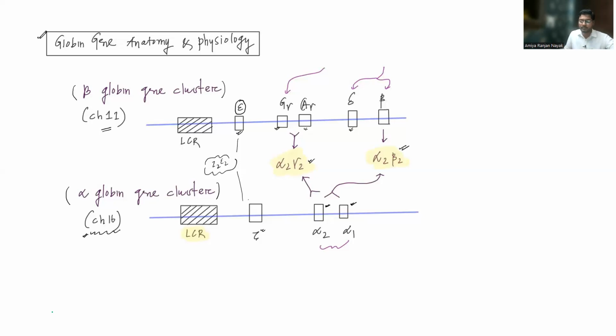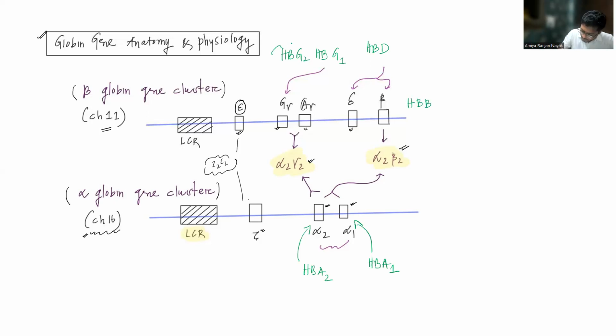But if you want to know the names of the genes, the two genes for the alpha globin chain are HbA2 and HbA1. Similarly, for gamma globin, we have HbG2 and HbG1. For delta, the gene is HbD, and for beta, the gene is HbB.